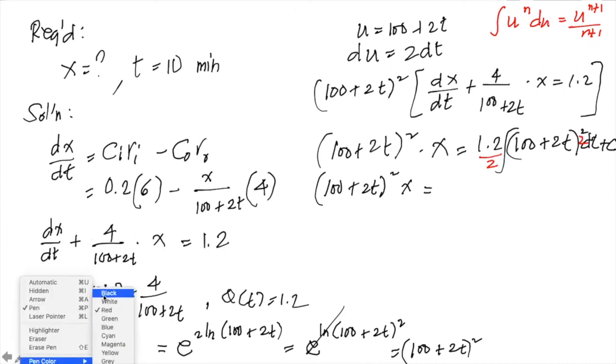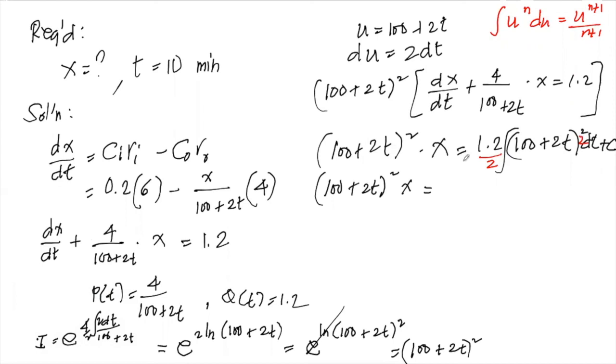Change to black again. So 1.2 divided by 2 is 0.6. No? So we have 0.6 times 100 plus 2t, power formula. Di ba?